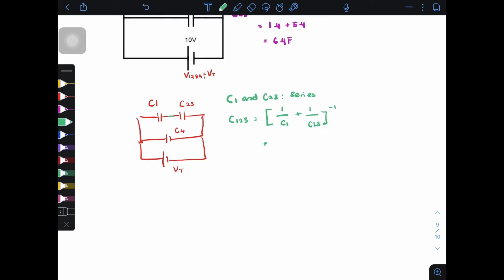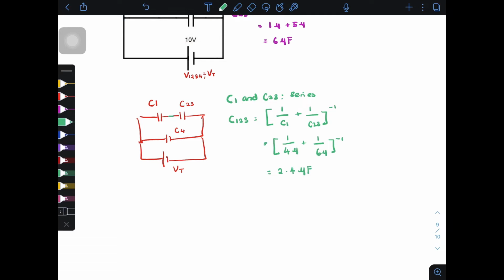So 1 over C1 kita ialah 4 micro, plus 1 over 6 micro, to the power of negative 1. So, kita akan dapat C123 is equals to 2.4 microfarad.